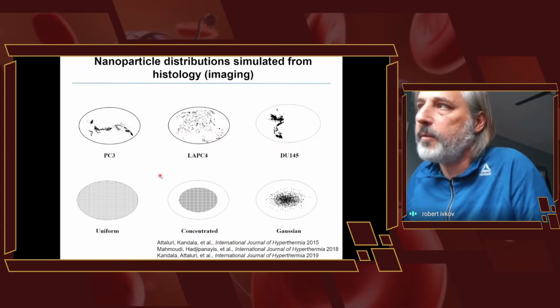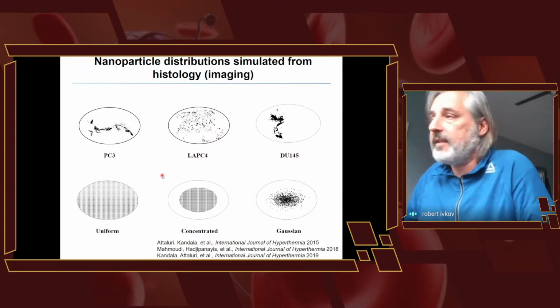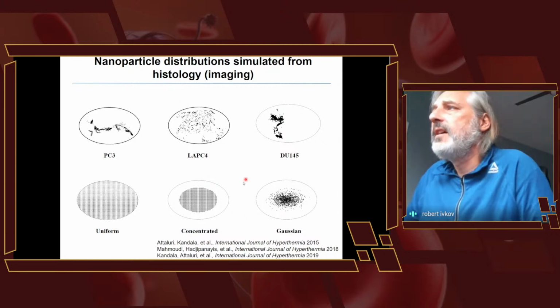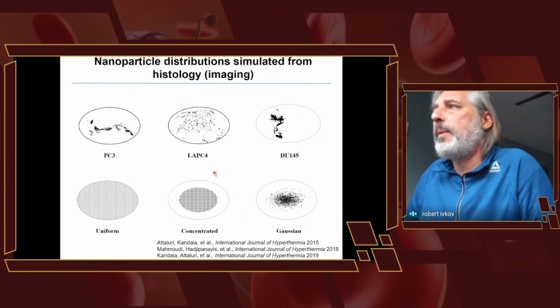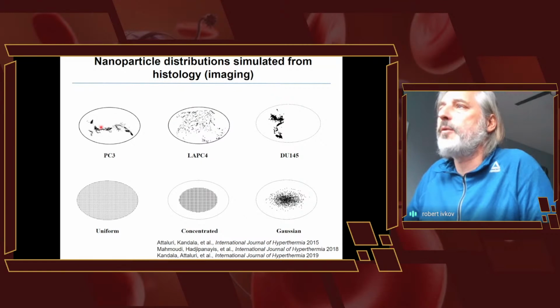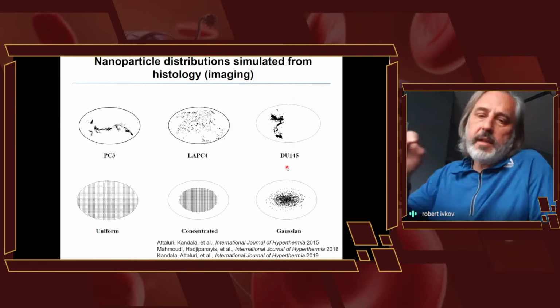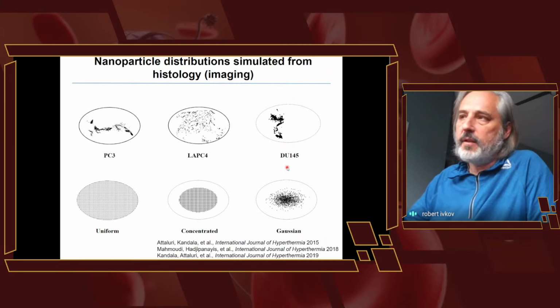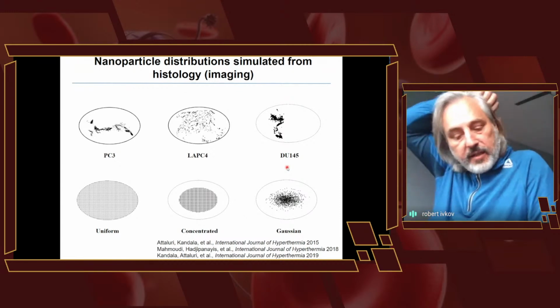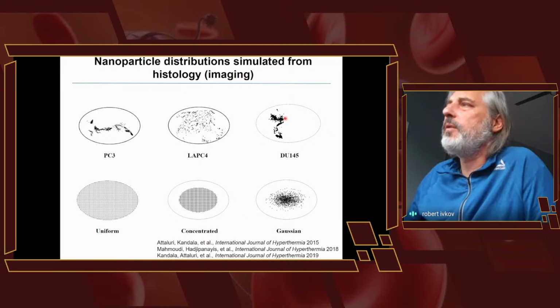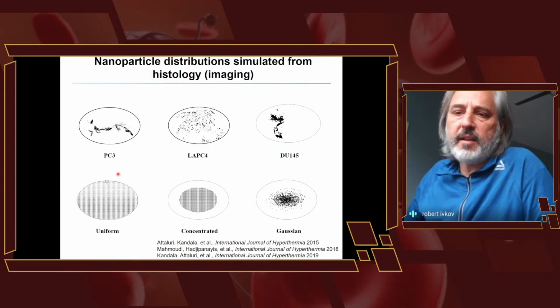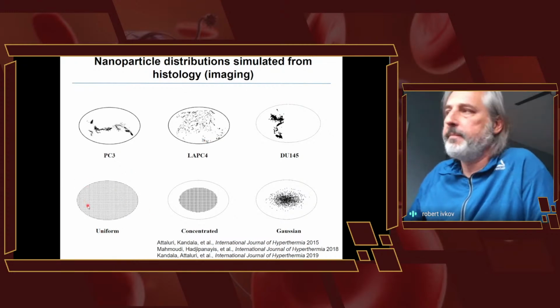One of the things that we did was to look at exactly that question: what are the ideal distributions of nanoparticles, and how do we compensate for heterogeneity of the nanoparticle distributions? One needs to remember that whether we directly inject the nanoparticles into the tumor, or systemically administer them to the patient or animal and have them directed to the tumor, you're never going to see this idealized uniform distribution. It's just not going to happen.